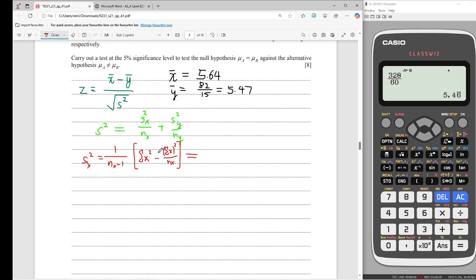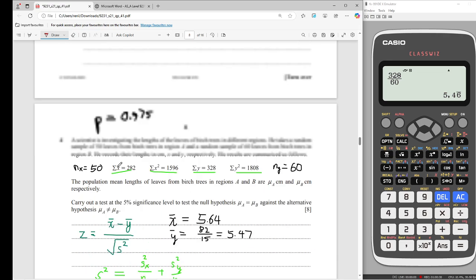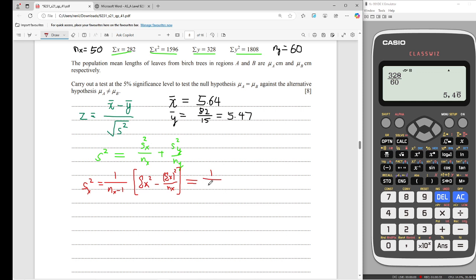So over here we have 1 divided by number of x terms minus 1, which is 49, and we multiply this with sum of x squared, 1596, minus sum of x the whole squared, which is 282 the whole squared, divided by the number of x terms, which is 50. And this is how you calculate the S2 of x.